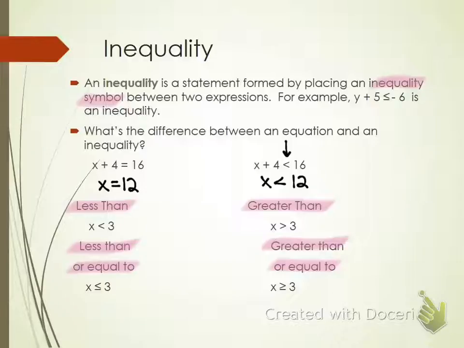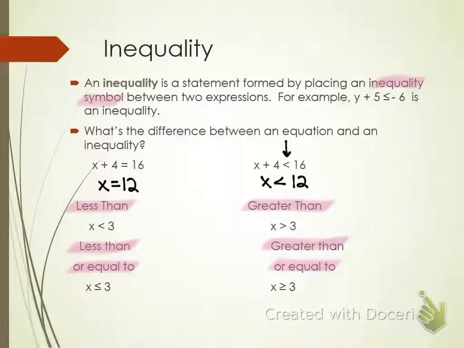There is literally an infinite number of numbers that would make this inequality true. So that's the difference. With an inequality, there's an infinite number of solutions. However, there's a line, and here it's at 12. If the number goes greater than 12, then the inequality is no longer true.